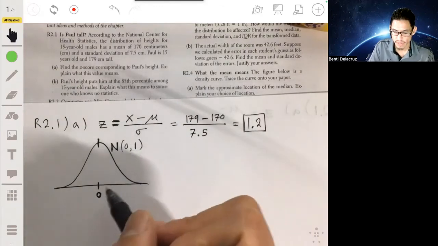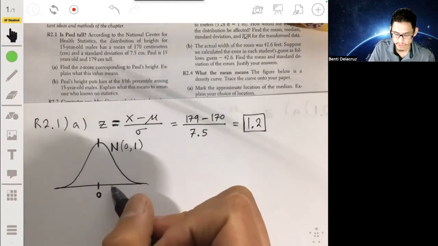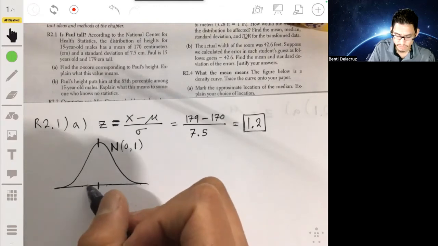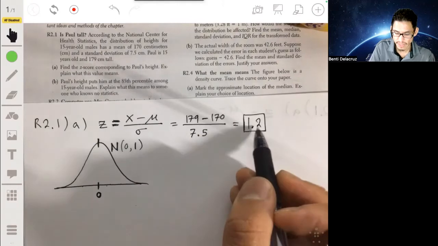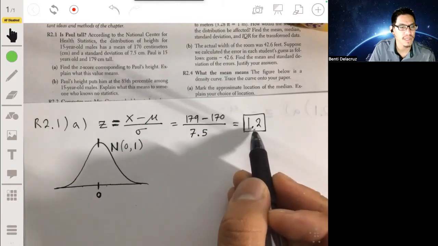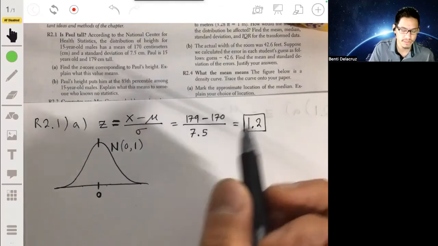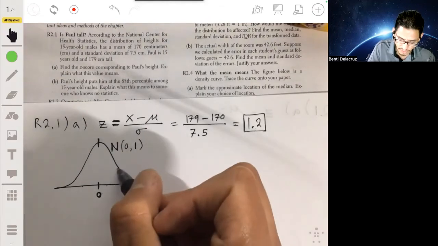These are z-scores. Remember that z-scores are positive to the right of 0 and negative to the left of 0. So his value corresponds to a z-score of 1.2, which means he's 1.2 standard deviations above the mean.